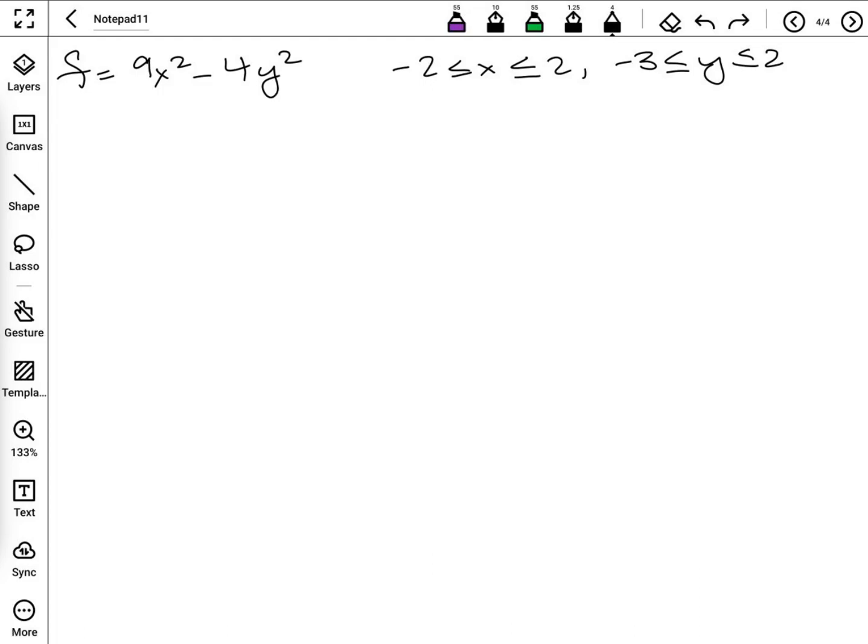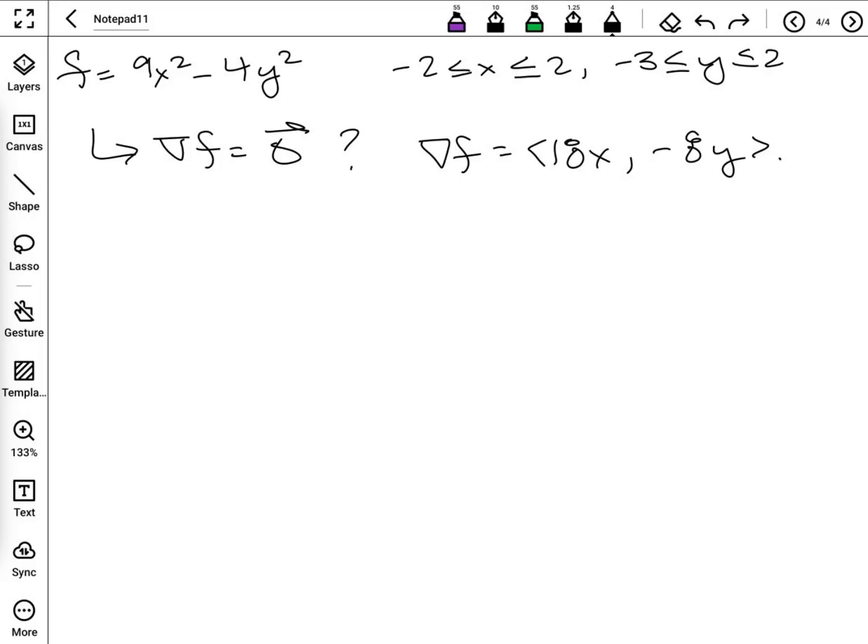So that means that first we start by trying to find grad f equal to 0, where my grad f I get by first filling in the partial derivatives with respect to x, so that's going to give me 18x, and my partial derivatives with respect to y, which are going to get me minus 8y.